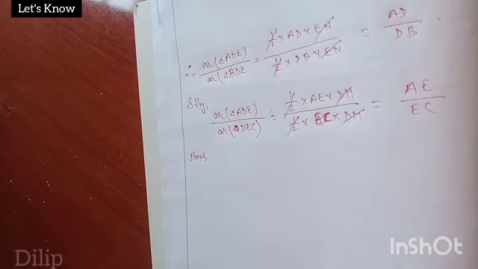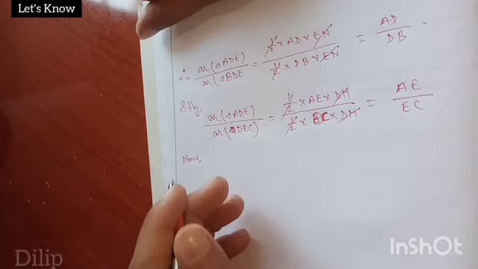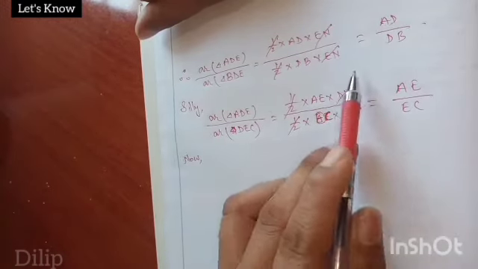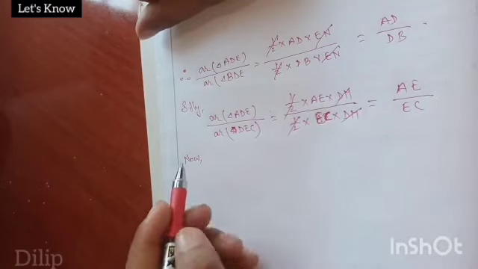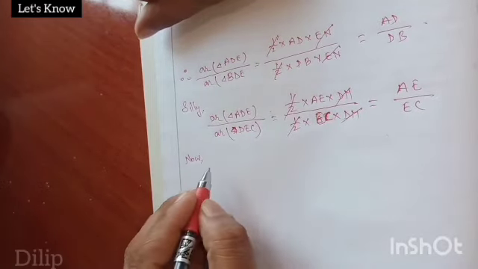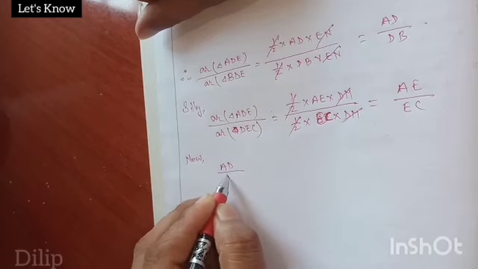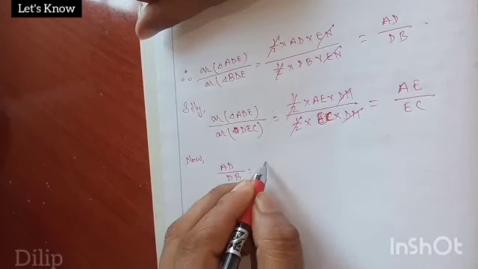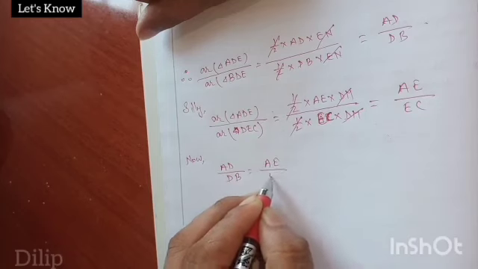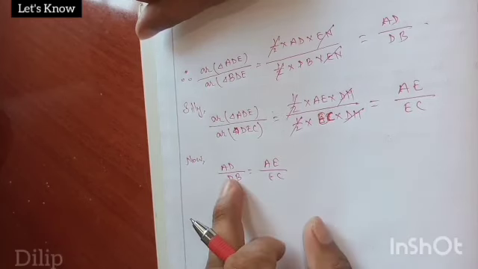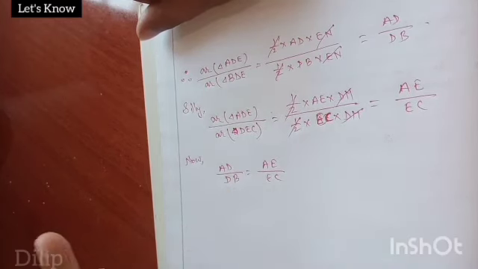Now see, from here we can directly write that AD by DB is equal to AE by EC. Before writing this, we have to know the reason, is it?